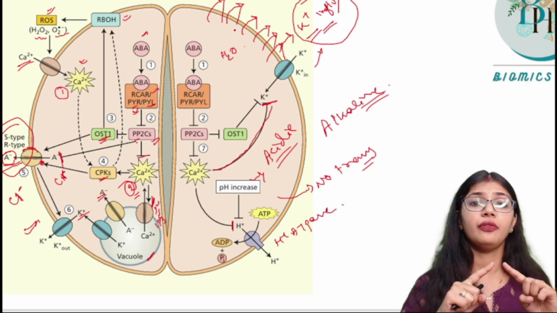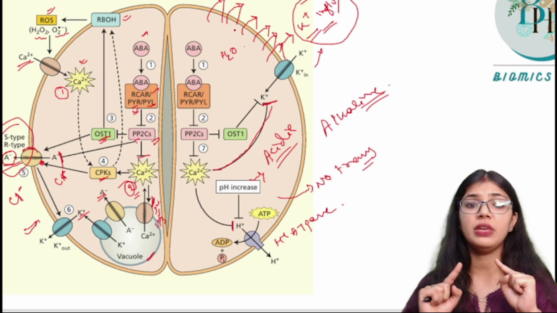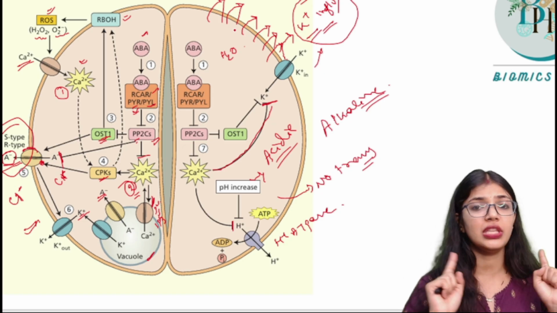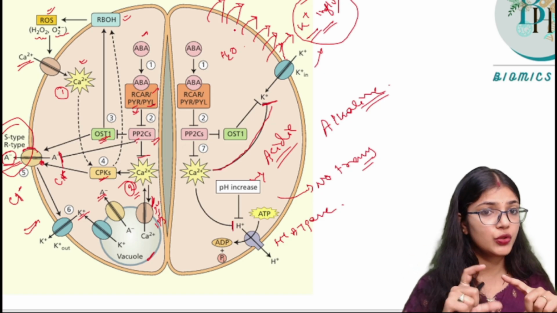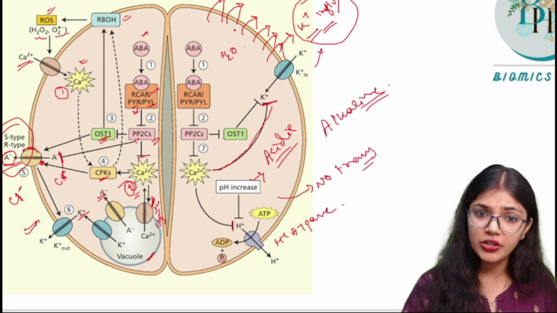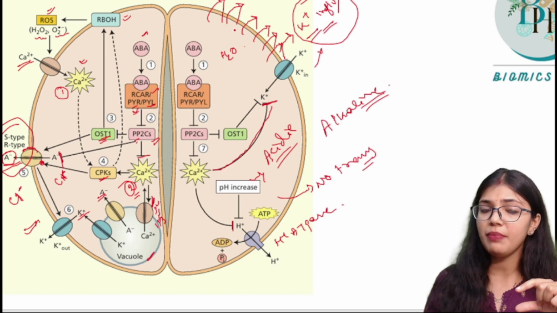So here there are different types of ion channels which are present, and the calcium is regulating more in controlling these ion channels for closing the stomata. What happens? Abscisic acid is synthesized during the drought condition. Abscisic acid comes and binds with the receptor. It controls the downstream pathway.